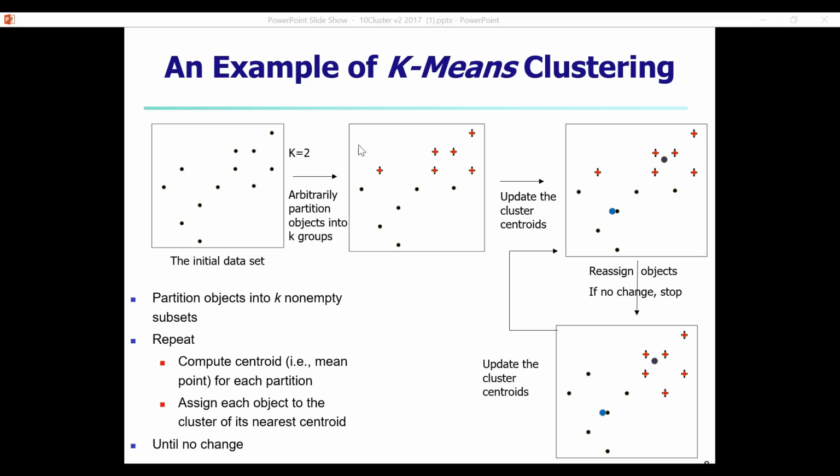Initially we arbitrarily select the two groups and calculate the centroids, and from each centroid we calculate the distance for each data object, and depending on which ones are closer to which centroid, we reassign each object to the cluster of its nearest centroid.